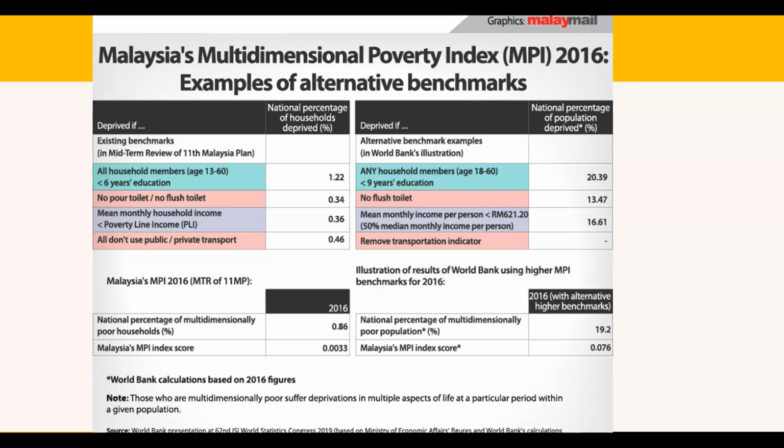And then kalau untuk Malaysia, kita kata all don't use public or private transport. But for the World Bank, they removed the transportation indicator. So that's why there is a difference in how Malaysia uses the MPI or calculates deprivation of poverty compared to the World Bank. That's why kita kata kita punya national of multiple household is still low, about 0.86%.